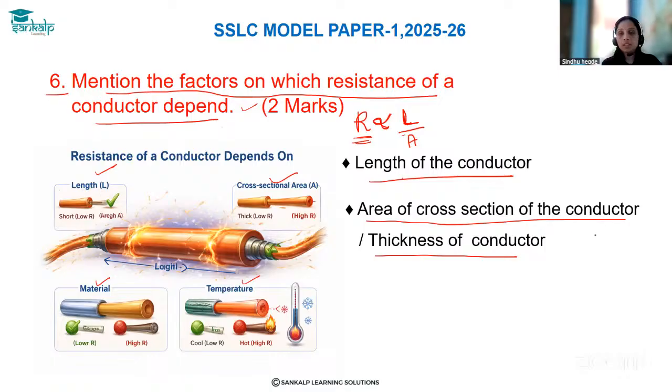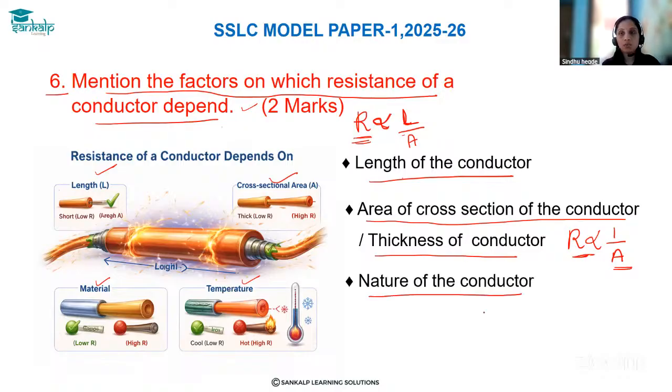Here resistance is inversely proportional to area. When the area of the conductor increases, resistance decreases. When the area decreases, resistance increases. They are inversely proportional.